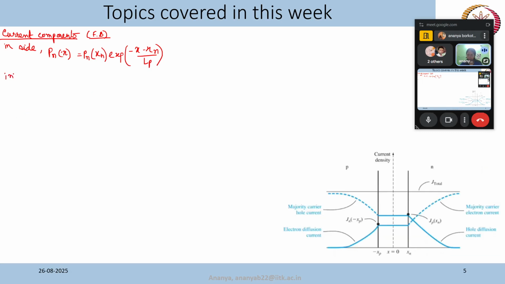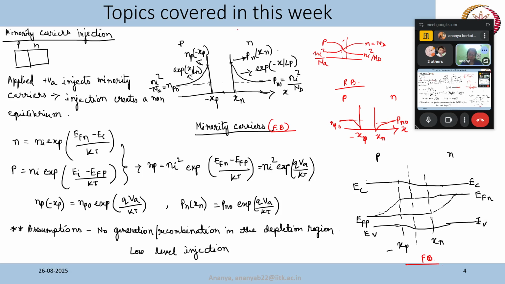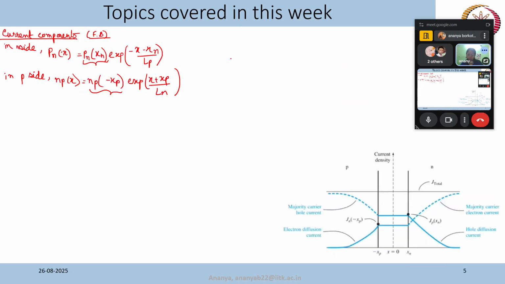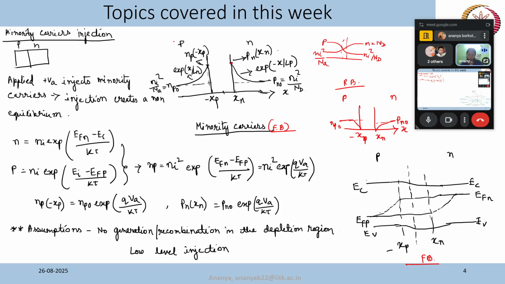Similarly on the P side, Np(x) is equal to Np(minus Xp) exponential of (x plus Xp) by Ln. Now what is this maximum value? We have already discussed this, right?